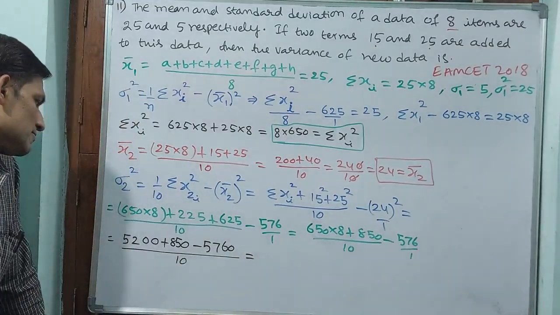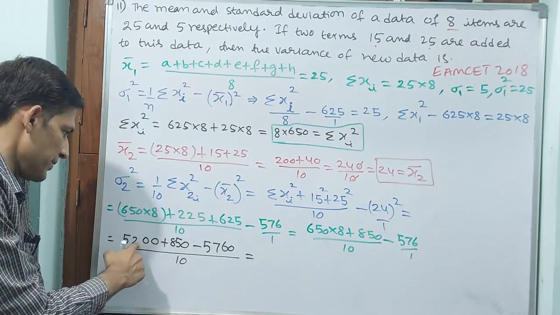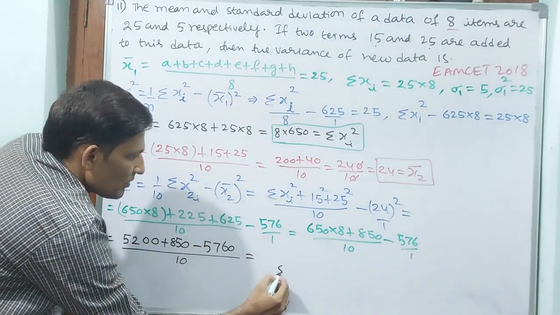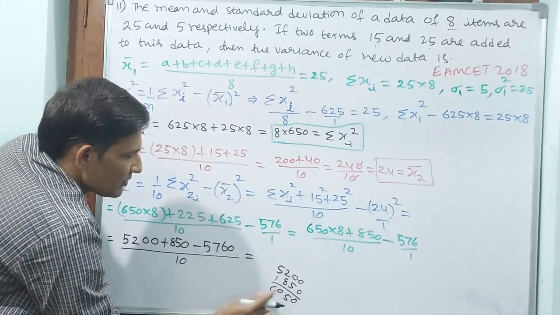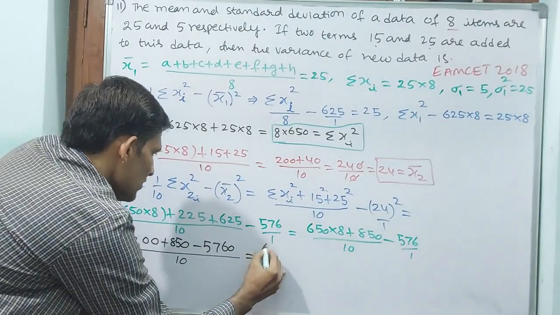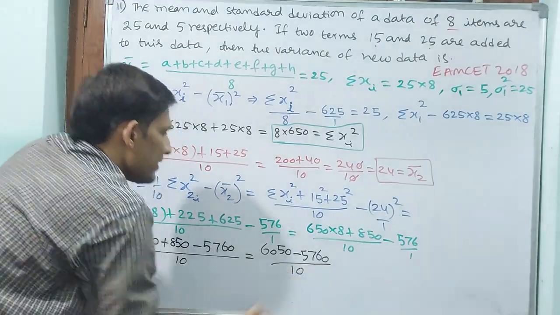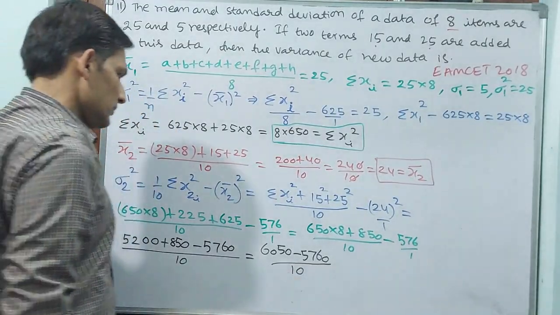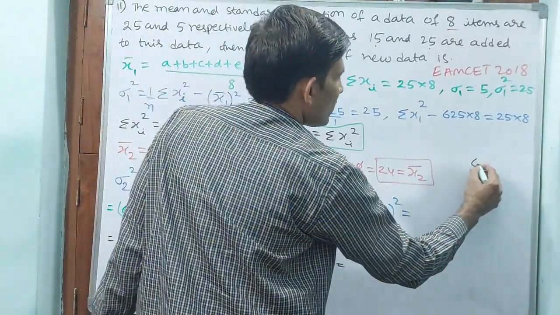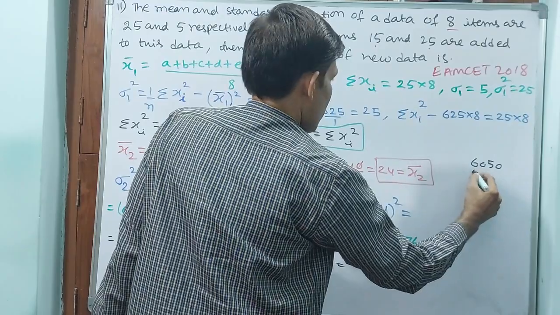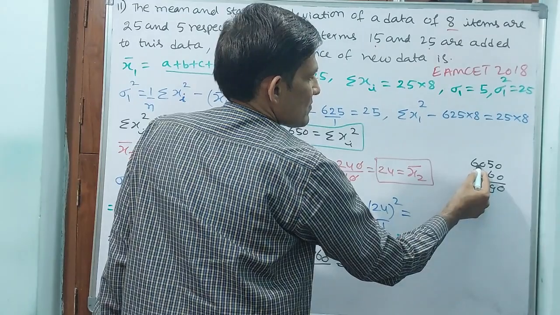That is equal to. Okay, you see 5200 plus 850. 0, 5, 10, 6. 6050. See, 6050 minus 5760 divided by 10 is equal to 290.